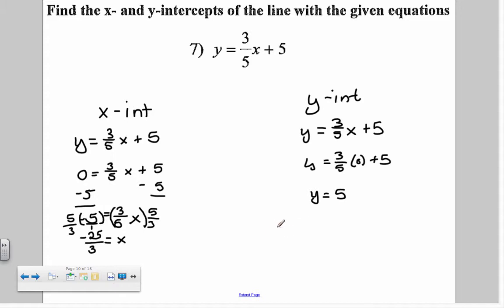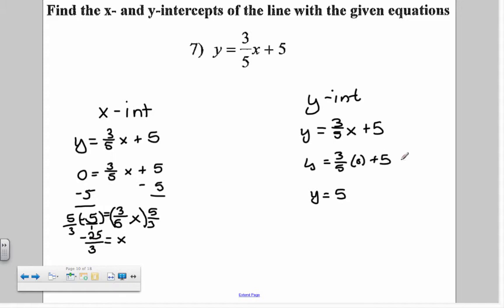And you might say to yourself, well, Mrs. Herrera, I know that because if I have something in y equals mx plus b form, the b is always my y-intercept. And you're right, you wouldn't have to go through the process of plugging in 0 if it's already in that form. But it's good to know that if you didn't have it in the y equals mx plus b form, you could just plug in 0 and easily find your y-intercept.